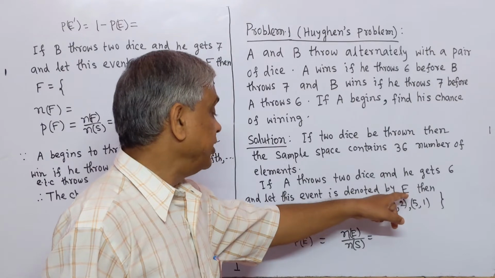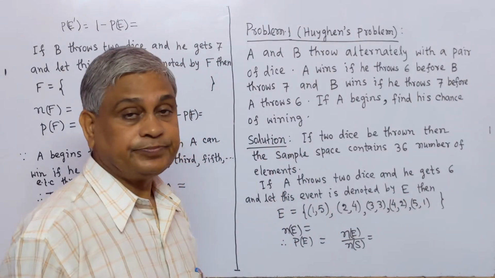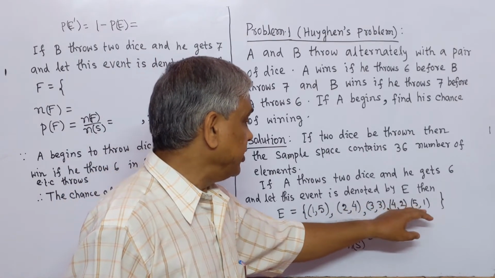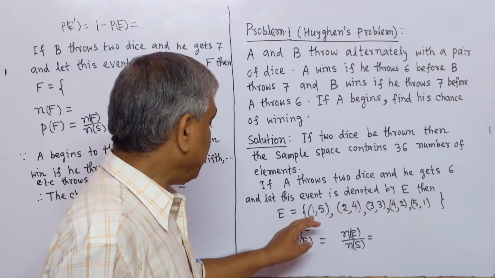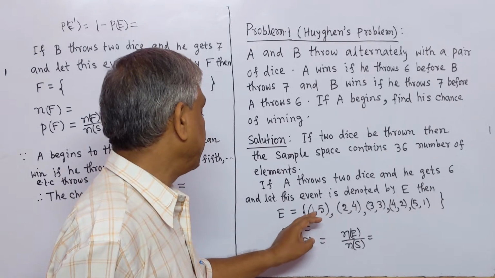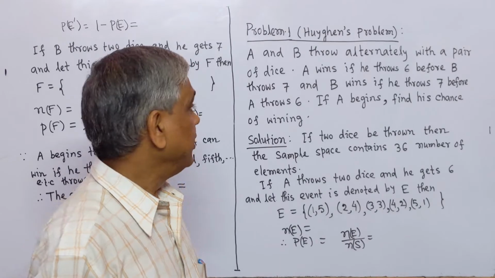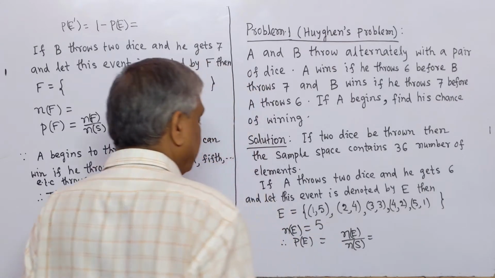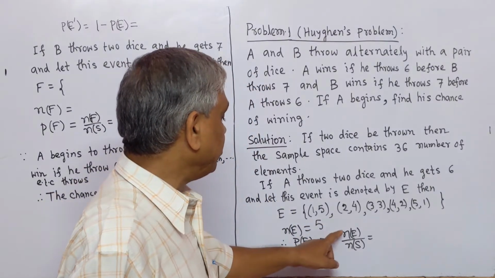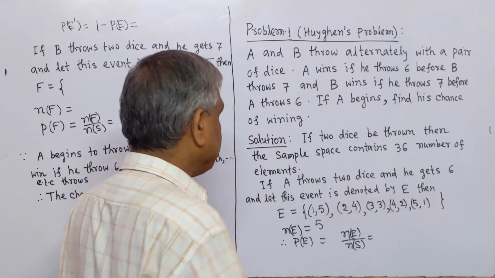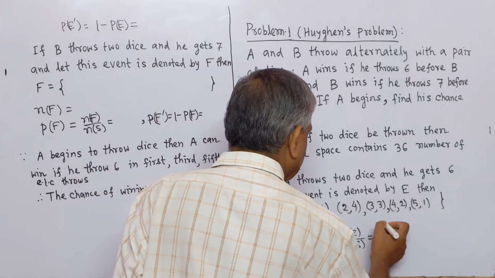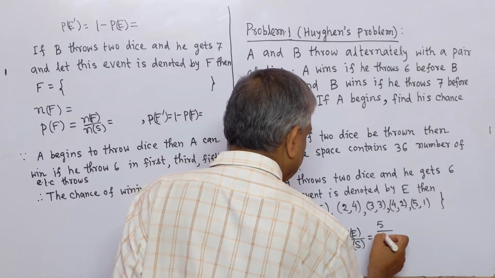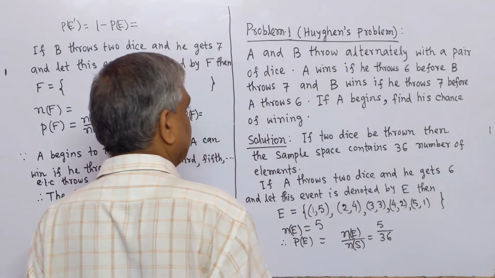Let this event be denoted by E. Here each pair is such that the sum of the components is 6. The number of elements in event E is 5. Therefore, probability of event E equals n(E) by n(S), that is, the number of elements in the event, 5, and the number of elements in the sample space, 36: 5 by 36.